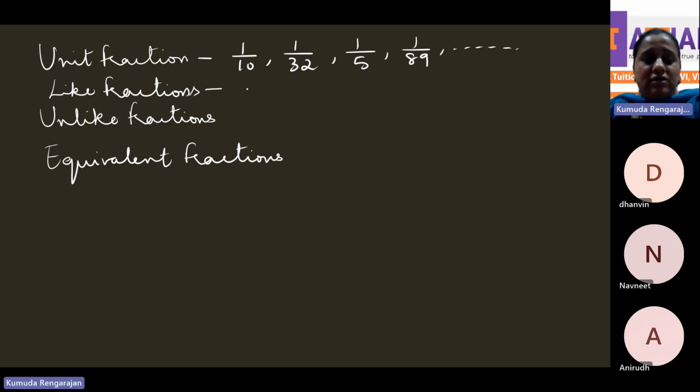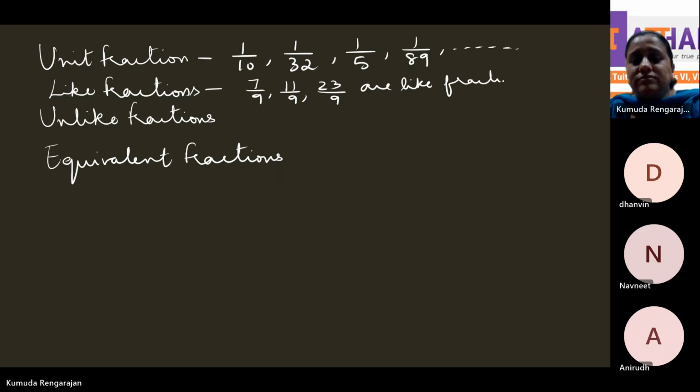Like fractions, they'll have the same denominator. Like 7 by 9, 11 by 9, 23 by 9 are like fractions because they have the same denominator. Unlike fractions, you can say like anything; examples are many.